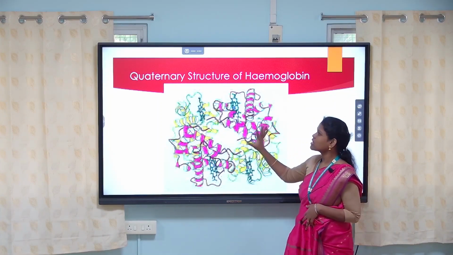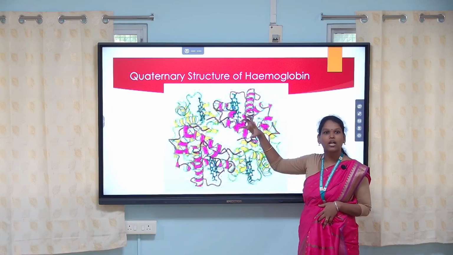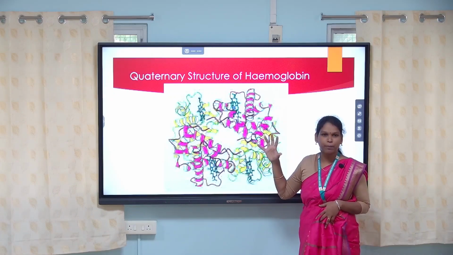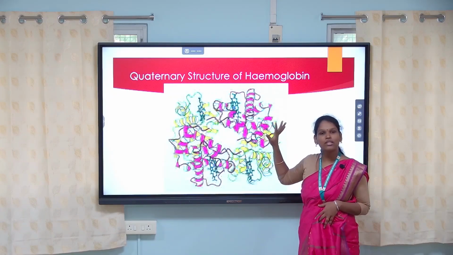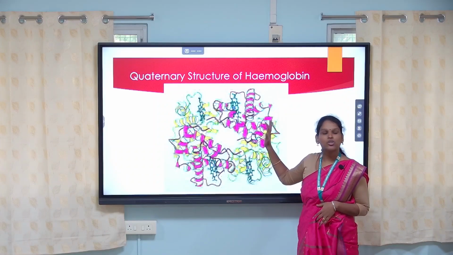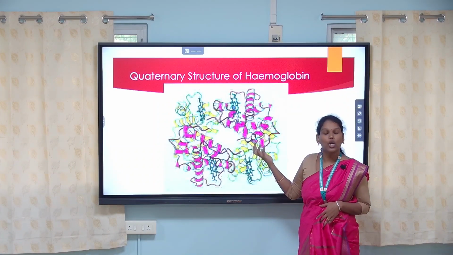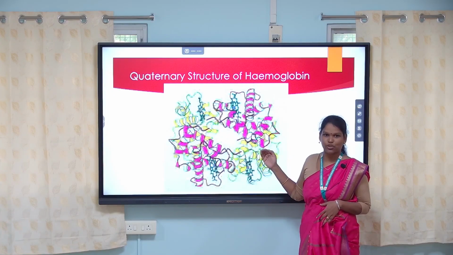I am highlighting the hemoglobin quaternary structure, how the orientations are formed and how it is linked with the other hemoglobin groups to form a polypeptide chain in only one complex structure. So this is a complex structure, based on the complex orientation and organization of the quaternary structure of protein. It comes under the category of quaternary structure of protein.